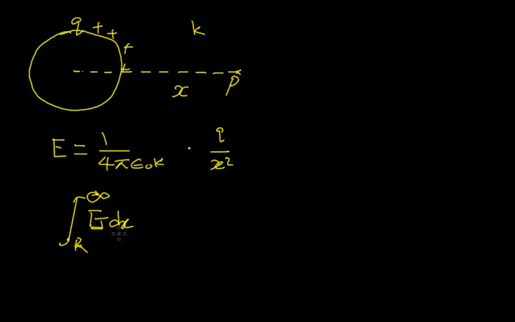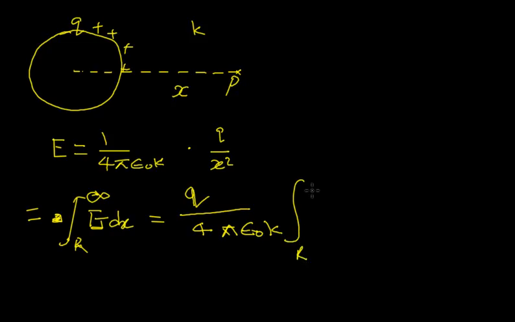The potential is the integral of E dx. Then you take the constants out: 1 by 4 pi epsilon naught K and Q, and integrate from R to infinity dx by x square.